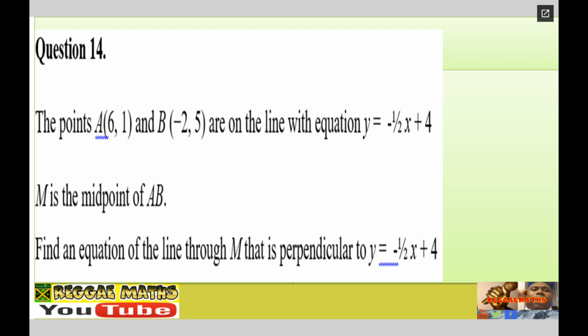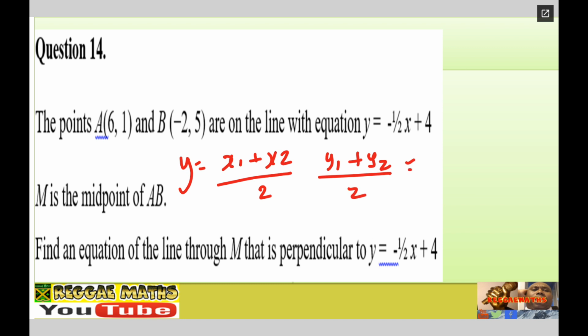So midpoint, find the midpoint. The midpoint for this is going to be x1 plus x2 over 2, y1 plus y2 over 2. And then all I'm going to do now is work this out by saying that's my x1, y1, x2, y2.